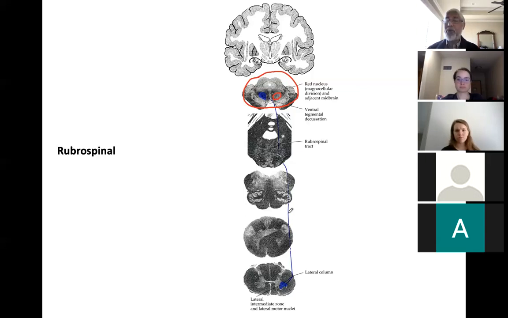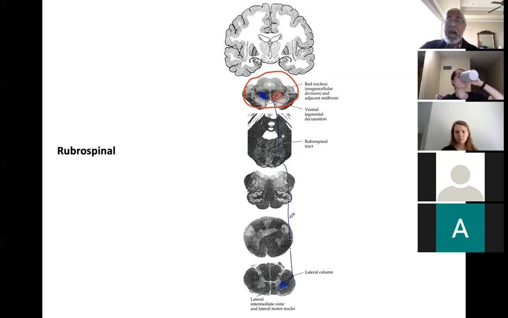We said for a neuron to qualify as a lower motor neuron, it should begin at the central nervous system, either brain or spinal cord, and then end up in the skeletal muscle. Is this fiber ending up in the skeletal muscle? No, it is staying in the spinal cord. So it doesn't qualify as a lower motor neuron. So automatically it will be an upper motor neuron, right?